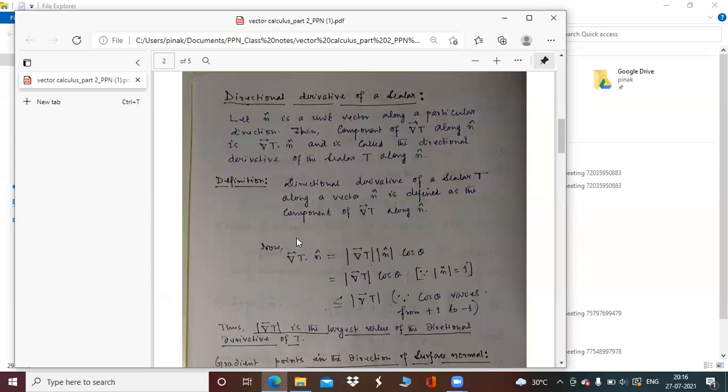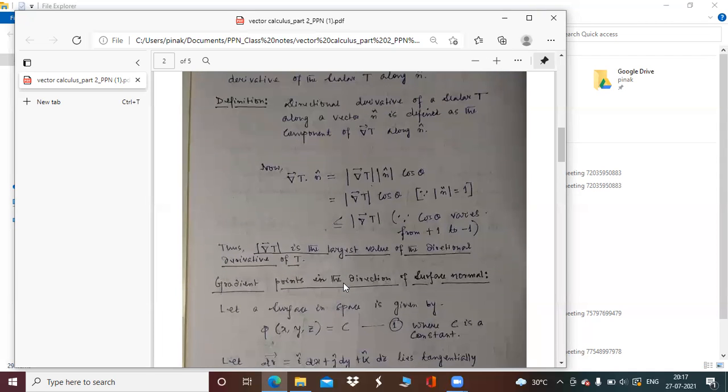So the value of this directional derivative will be less than the magnitude of grad of T. This can be written mathematically as grad of T dot n cap is less than or equal to magnitude of grad of T, since cos theta varies from +1 to -1. Thus, the magnitude of grad of T is the largest value of the directional derivative of T. So this is a very important conclusion, which says the maximum possible value of the directional derivative of a scalar is equal to the magnitude of the gradient of the scalar.